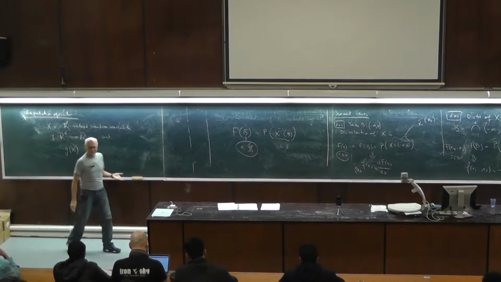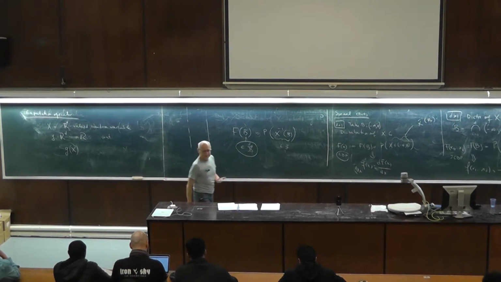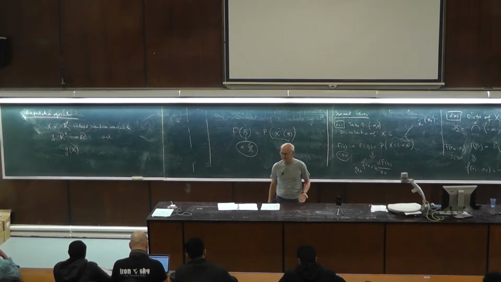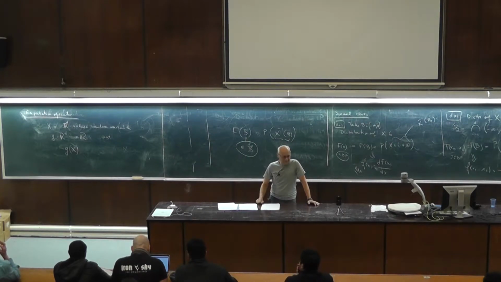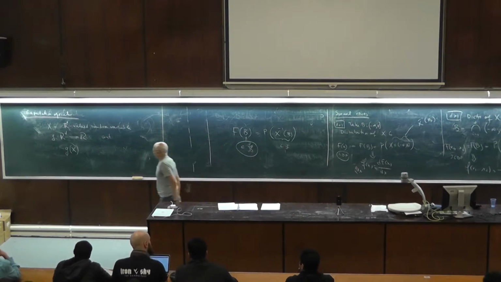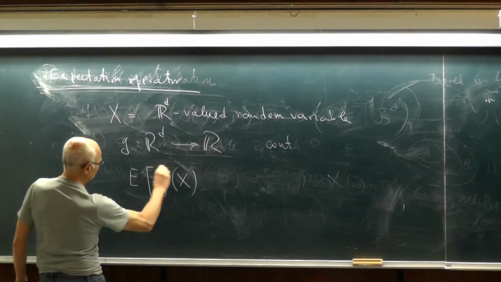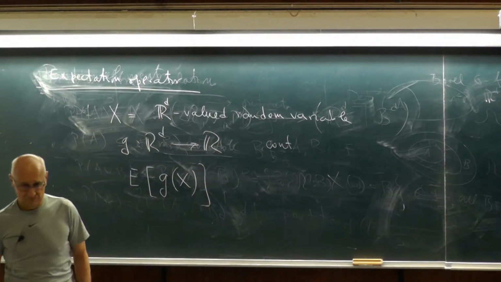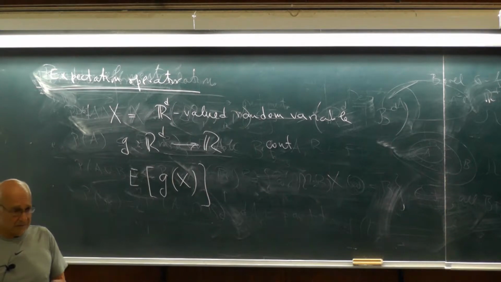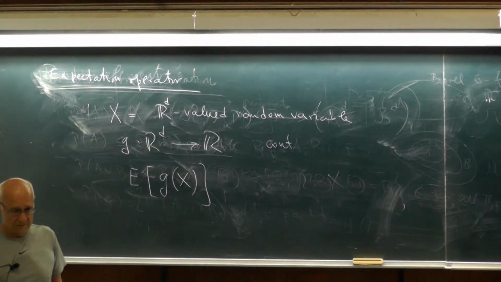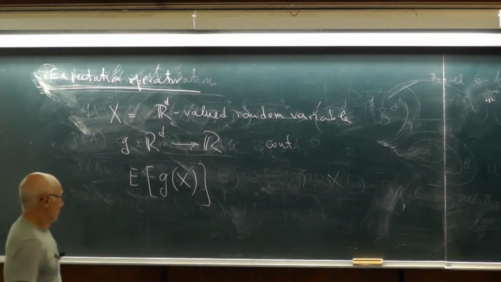I'm sure some of you at least dealt with this quantity in reliability studies. g, for example, can define a safe set if it's smaller or larger than something. And we are interested in calculating this so-called expected value of this function g(X), a real function, right? By definition.